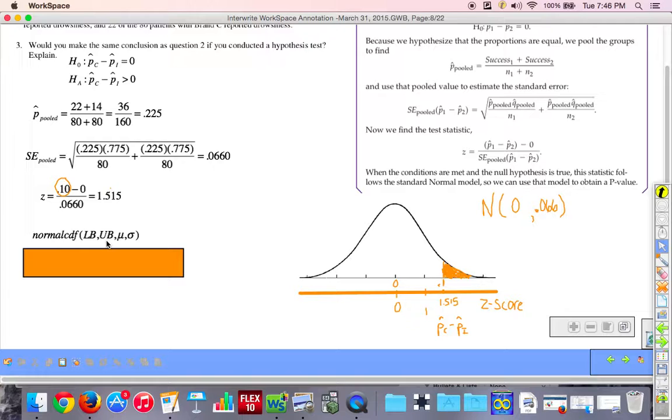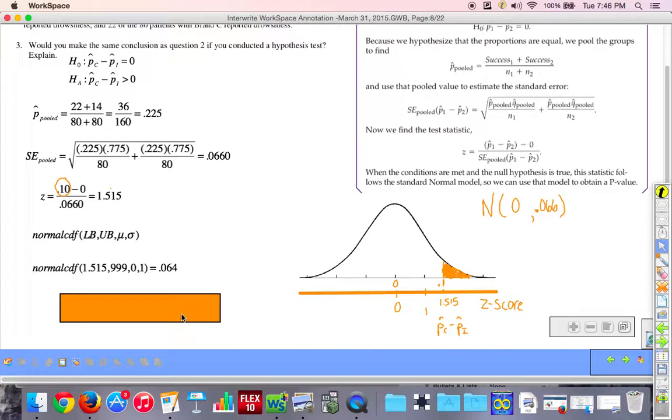My upper bound would be some very large number. I always use 999. My mu would be 0 and my theta would be 1. I just think that's a little bit less confusing. Using this 0 tends to make me a little wacky. I'm a little wacky anyways. But if I plug that into my calculator, I would get a value of 0.064. And just a reminder what that value is, that's my p-value.